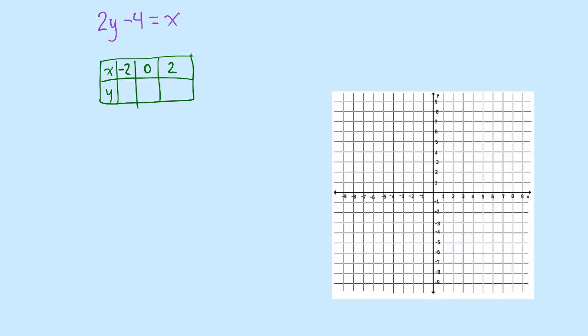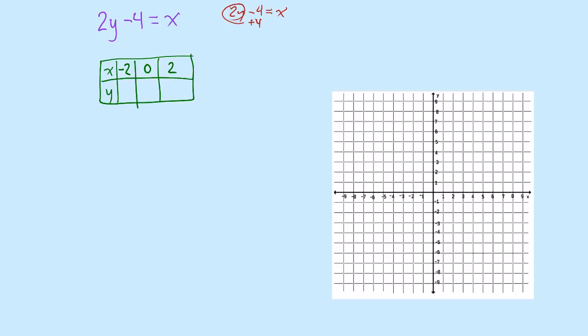Before I get too far into this, I want to solve this equation for y, since it's equal to x already, and we're plugging in our x's. So if we have 2y minus 4 equals x, I'm going to add 4 to both sides because I want to isolate my variable term of the 2y.